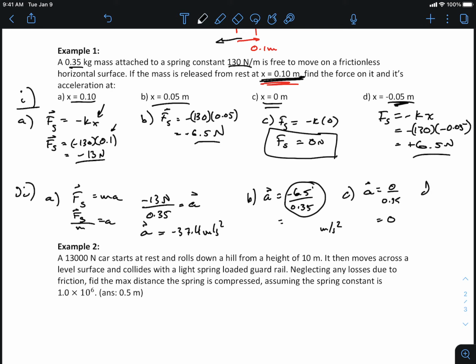Okay, and then over here for part D, we'd see the acceleration would be equal to positive 6.5 divided by the mass. So now it's accelerating in the opposite direction. Right, so we should see 18.6, sorry. So we'll see negative 18.6 here and positive 18.6 for part D.